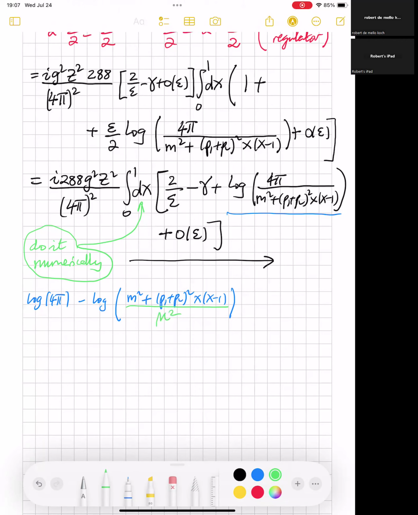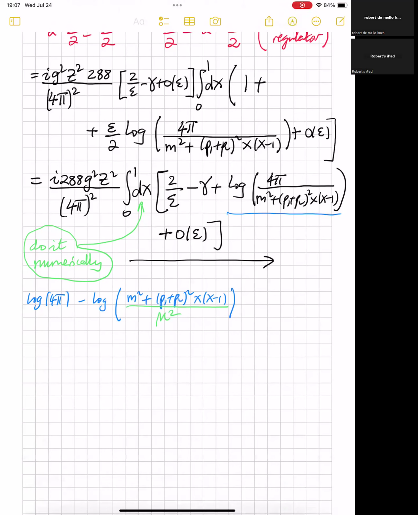So mu squared must be introduced so that the argument of the log is dimensionless, okay? So dimensional regularization forces you to introduce a new scale. We said that dimensional regularization had to break something. If you had a scale invariant theory, it would break scale symmetry, but at the very least, it forces you to introduce a new scale. And that's a side effect of dimensional regularization.